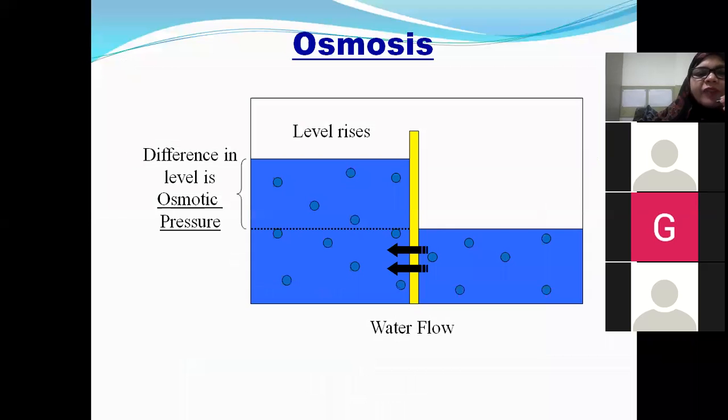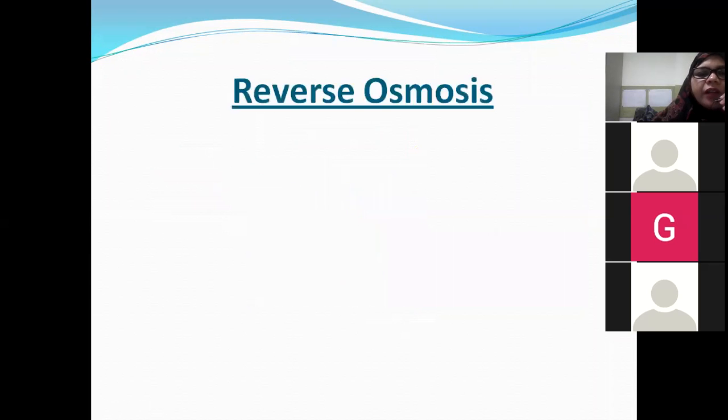But in the next case, when osmosis has taken place, the water molecules have passed from the lower concentration to the higher concentration, so here the level has become low and on the other side the level has become high. The difference in the level is the osmotic pressure which is developed. So this was osmosis, which you have already studied.